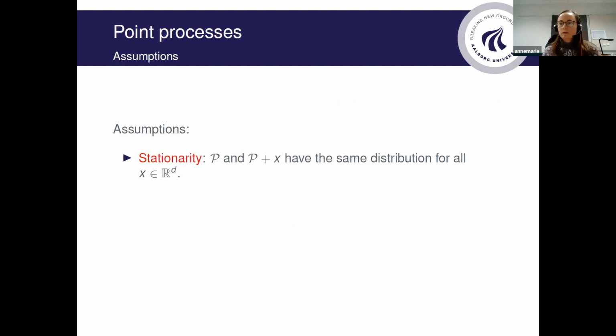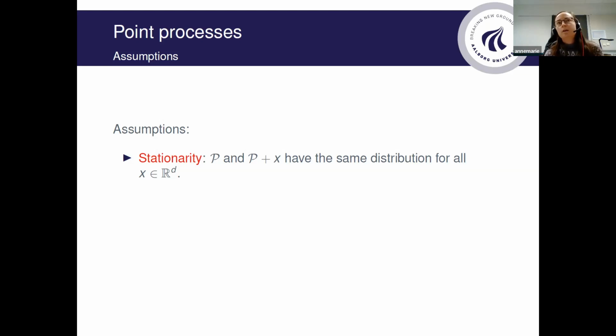So first of all, we will make some assumptions on our point processes. We will assume that the point process is stationary, meaning that the point process itself and the point process translated by some vector x have the same distribution. So it will mean that this point pattern will look the same everywhere in space.